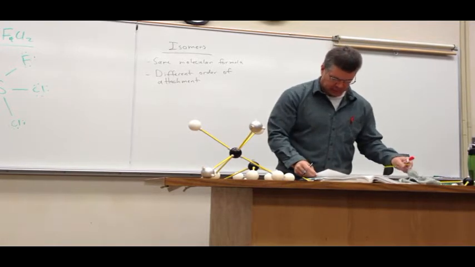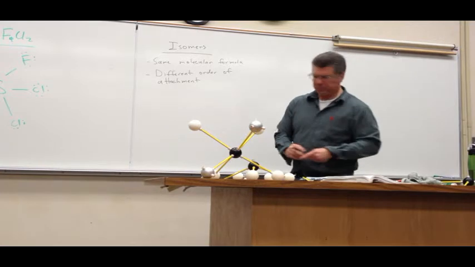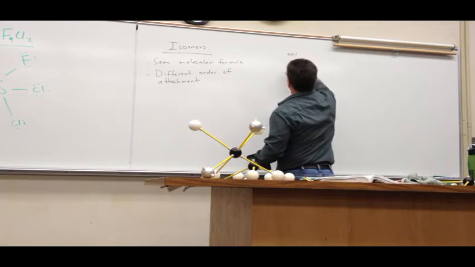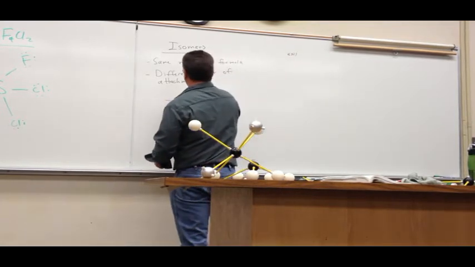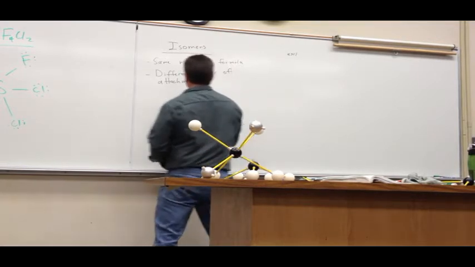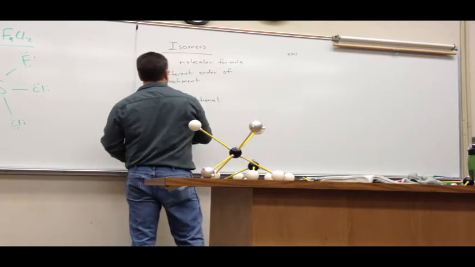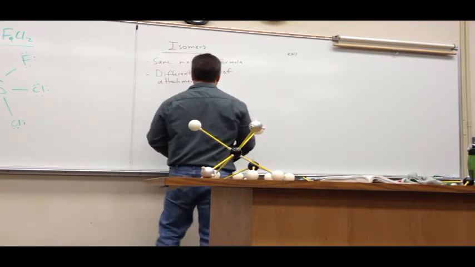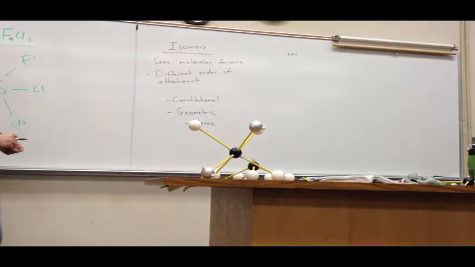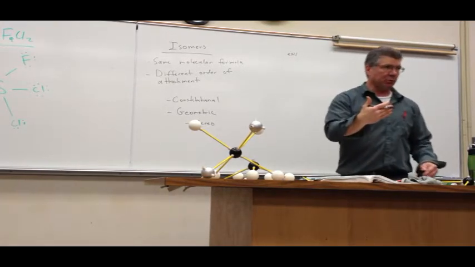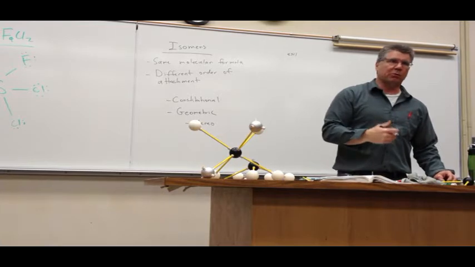This is section 8.10. There are different kinds of isomers: constitutional or structural, and geometric. I'll explain what each of these types are. But there are constitutional isomers and there are geometric isomers. And a specific type of geometric isomer is called a stereoisomer.